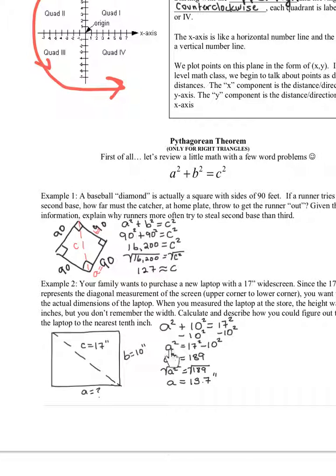That leaves us with a squared equals 17 squared minus 10 squared. The result is a squared equals 189. To find a, we have to square root both sides of our equation, and we get that a is approximately 13.7 inches.